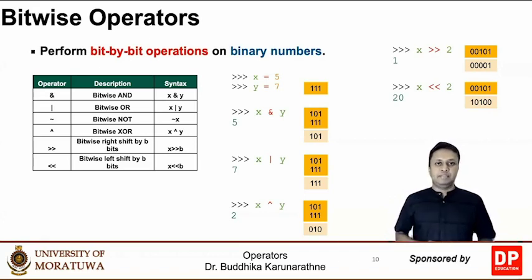When you perform the AND operation on these operands, it will give you the output 5, 101 in binary form.